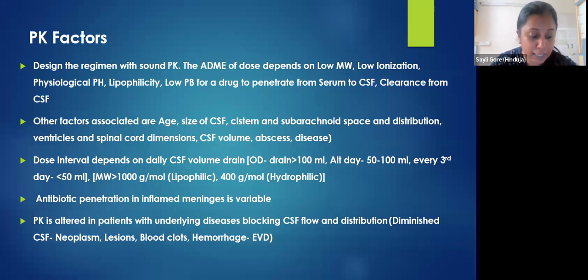But there are some other antimicrobials such as vancomycin or beta-lactams. Their transport only depends on the opening of the tight junctions. If there is an opening of the tight junctions of the endothelial lining, then there is some penetration of vancomycin or beta-lactam.